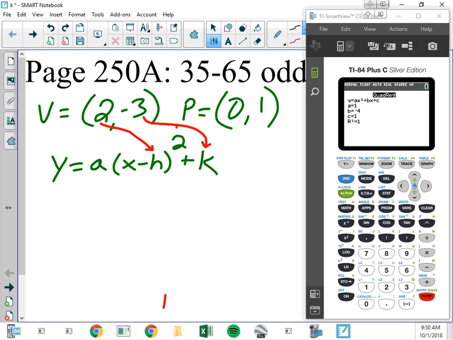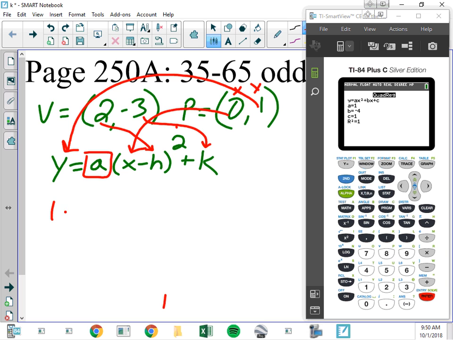All right, and that's not going to be enough. This equation has 5 variables. Do I know any of the remaining 3? Well, I know my point is some x and some y, so I can plug that x in there, and I can plug the y in there, and that will isolate the a.